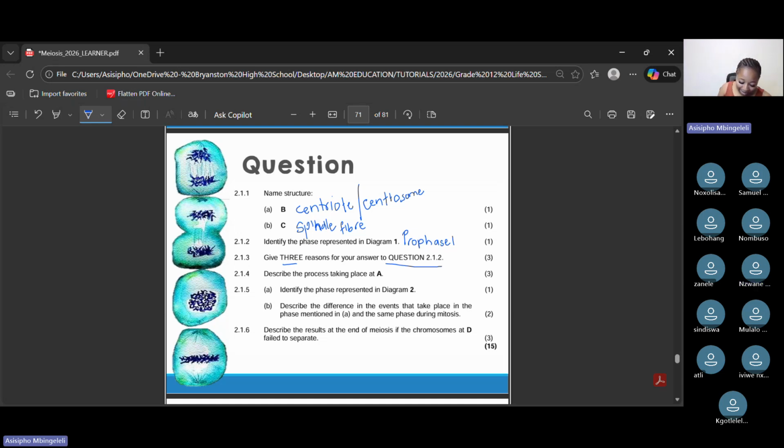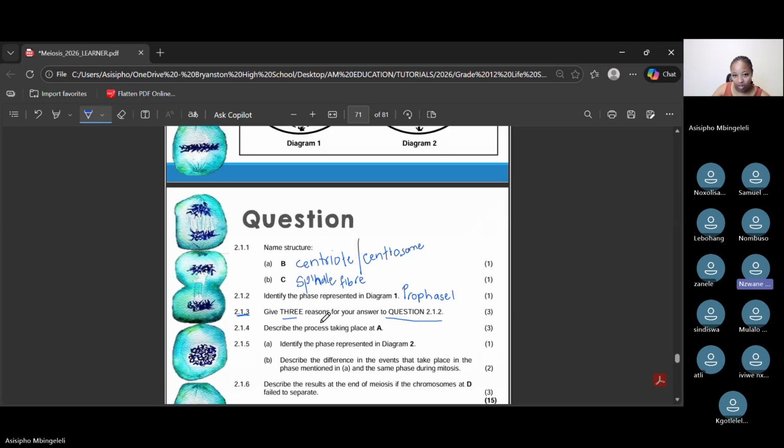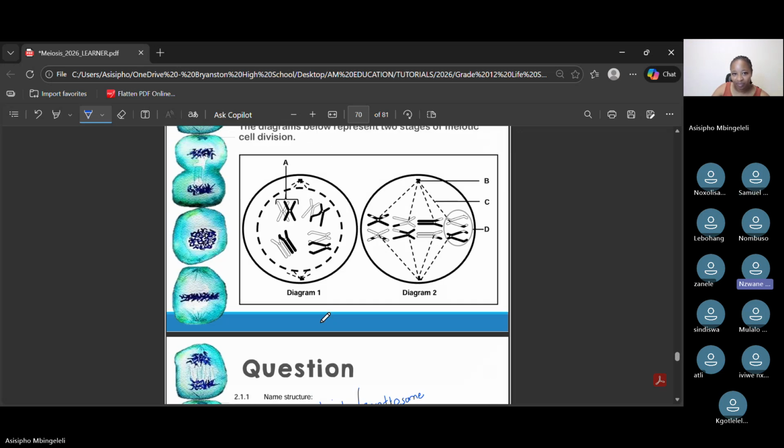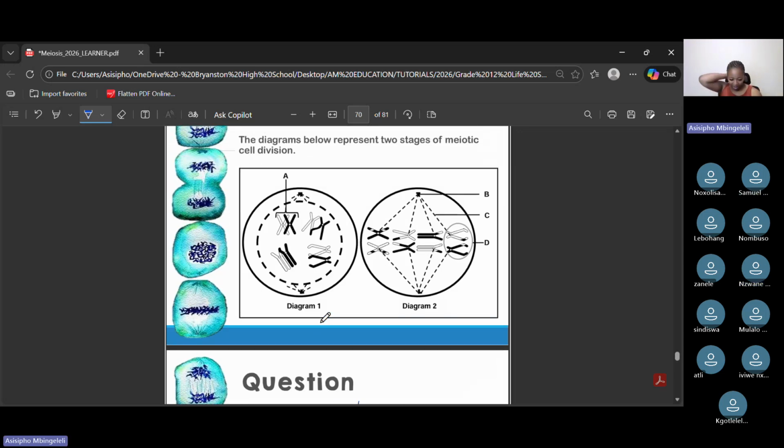Which question are you answering? 2.1.3. Because we were trying to prove why we are saying that diagram 1 is prophase 1. So I was basically describing the things that I could see within the diagram. Okay, I'm listening. So what's the first thing?